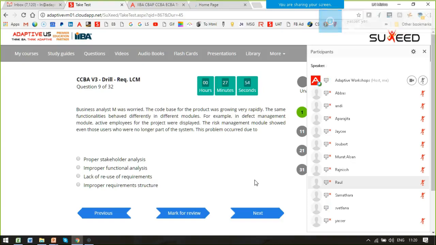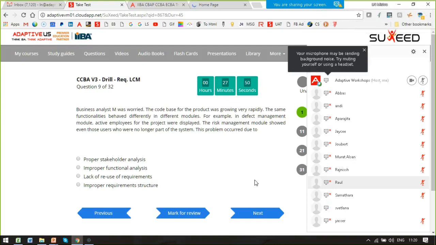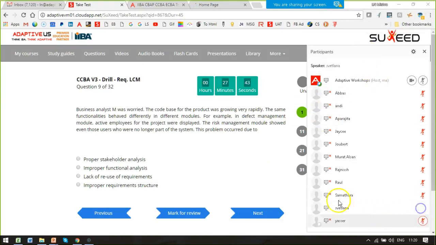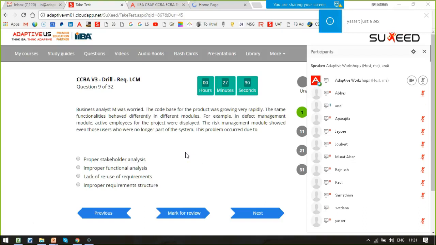What's your choice? Anybody else? I thought C. It's actually C for Charlie.